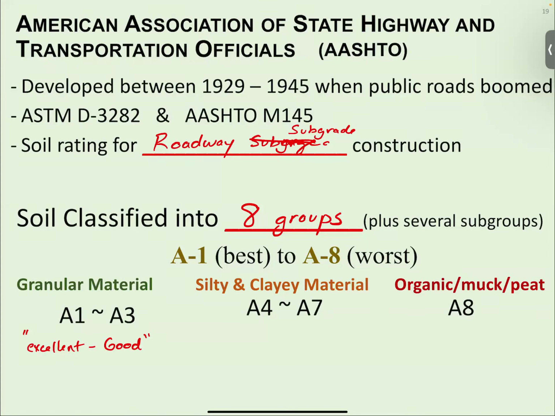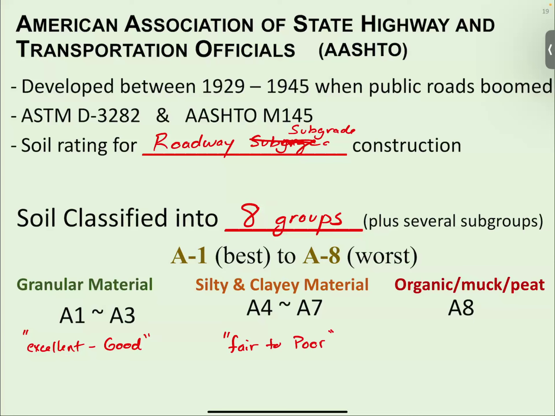A4 to A7 is mainly your silty and clay material, similar to our SMs and our SCs. So it's still going to have some sands and some clays, but it's going to have some level of plasticity to it. This is considered fair to poor.